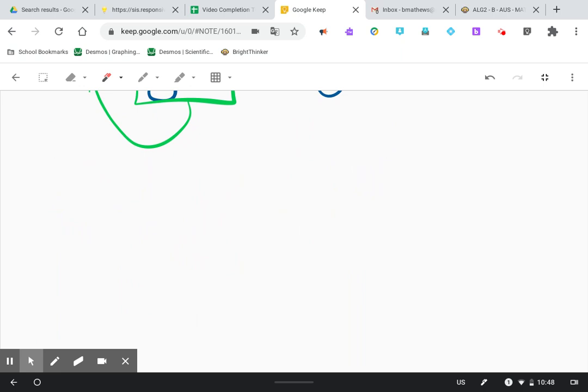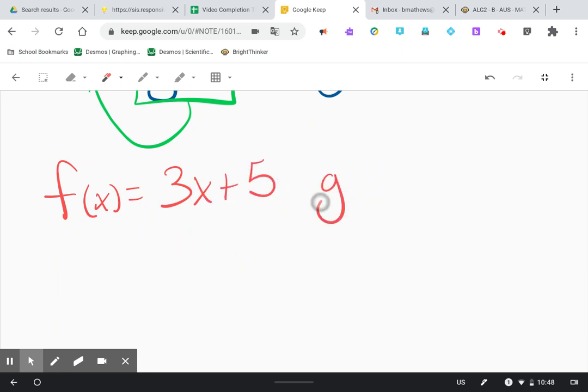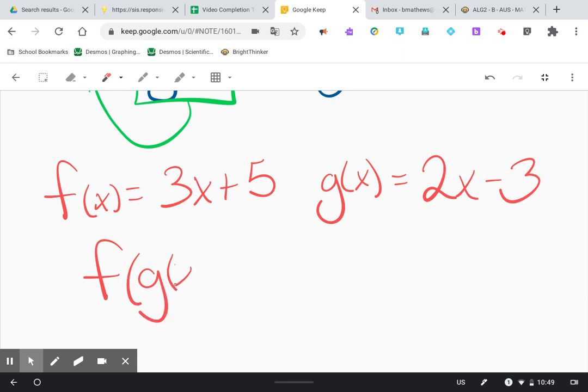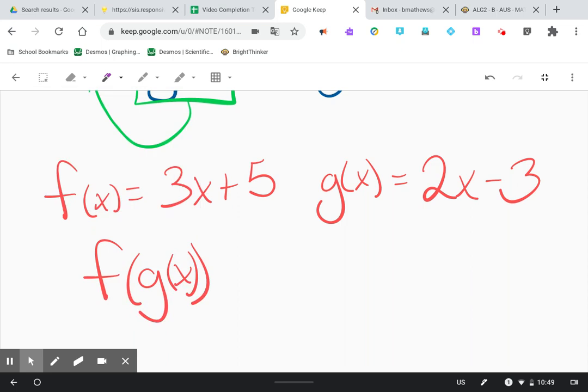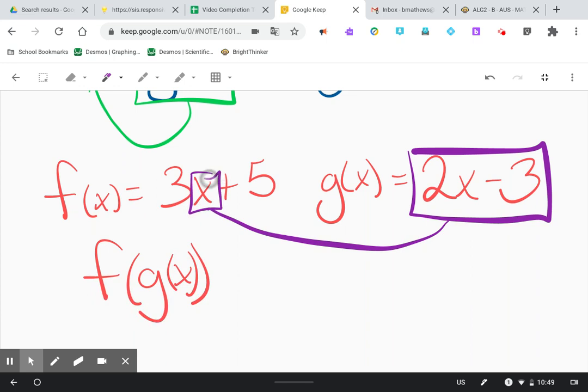So if we had two functions, let's say f of x was 3x plus 5, and g of x was 2x minus 3. And if we were asked to do f of g of x, I would be being told to take this entire thing and put it inside where the x goes in the f function.